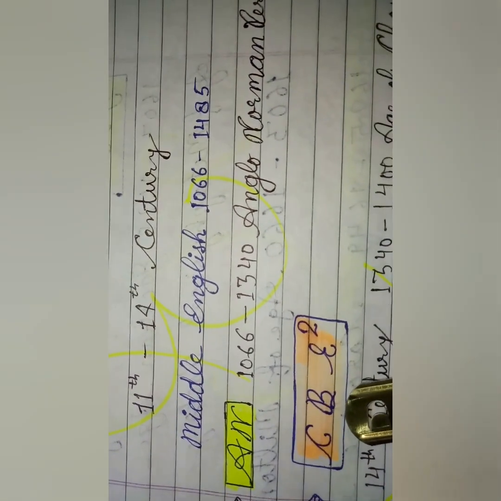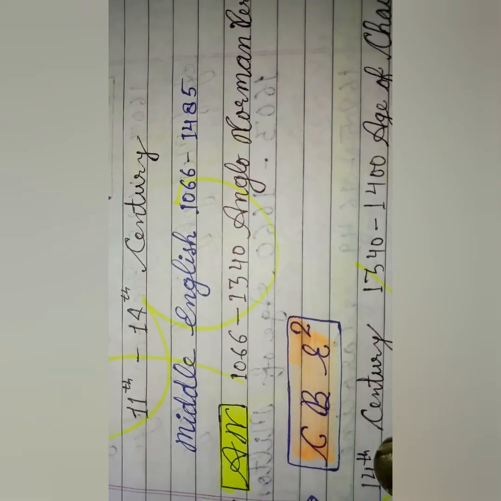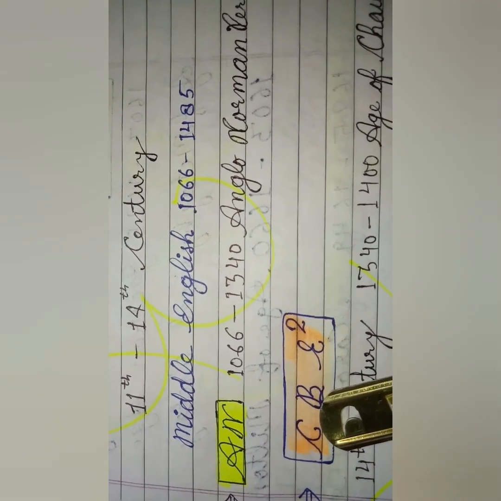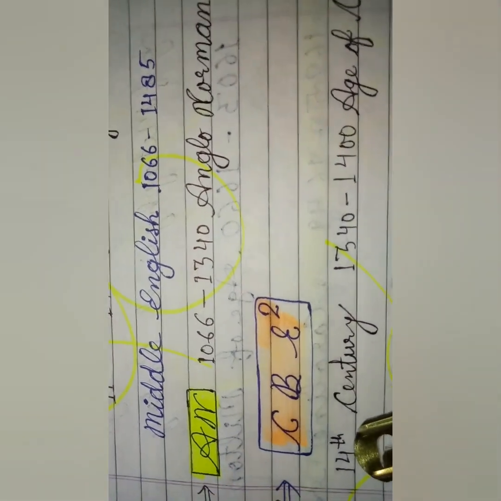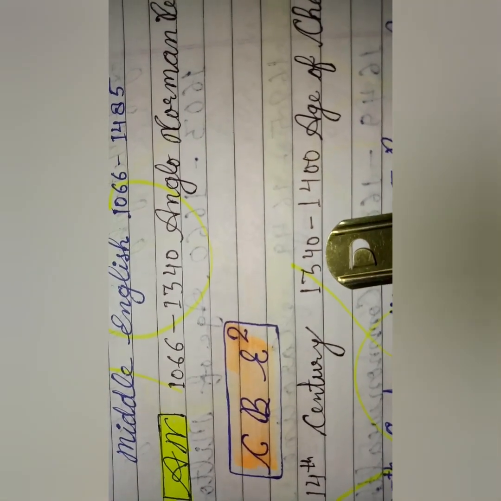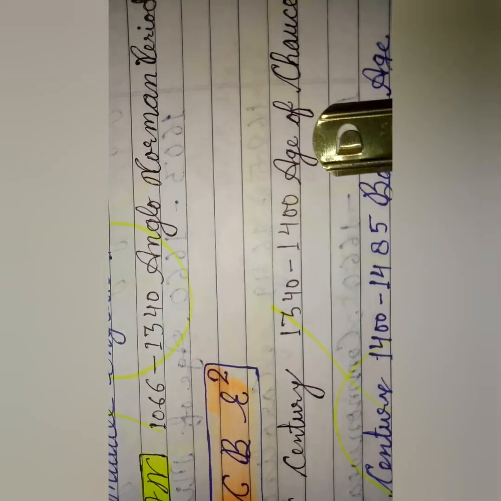The next formula is Cbe2. C stands for Chaucer. How? 14th century, 1340 to 1400, age of Chaucer.